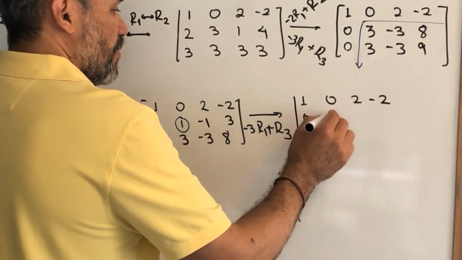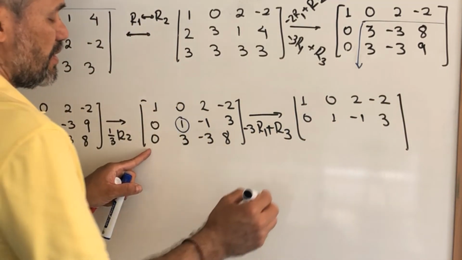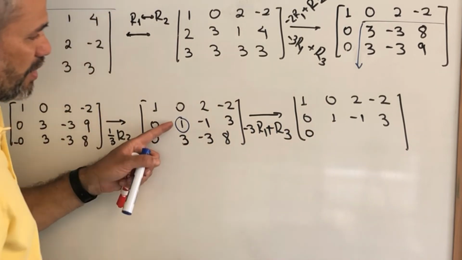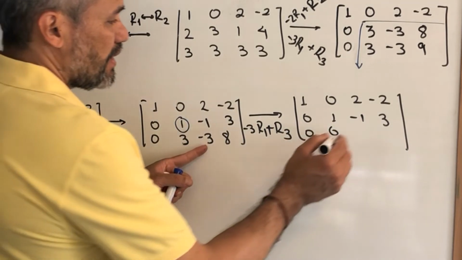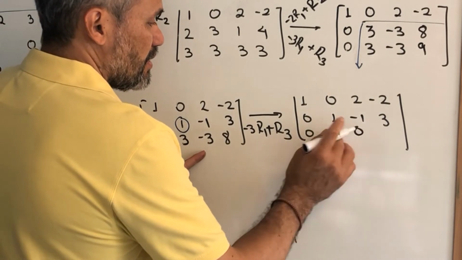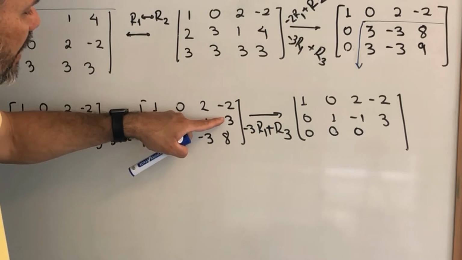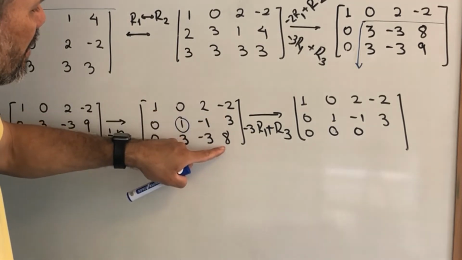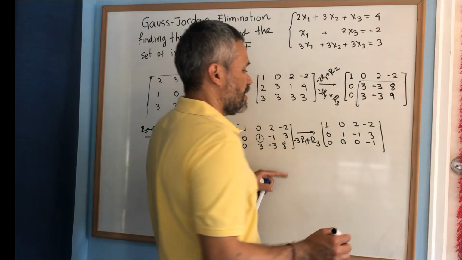Here we have 0, 1, -1, 3. And here we have 0. When I multiply by -3 and add, I get 0. And when I multiply by -3, I get -9 plus 8 is -1.